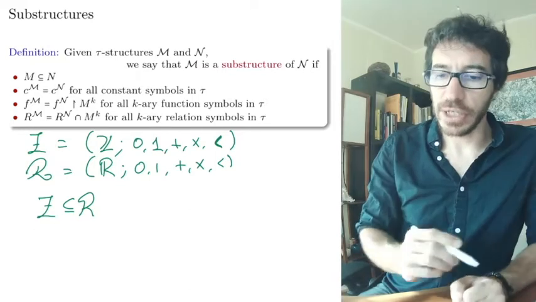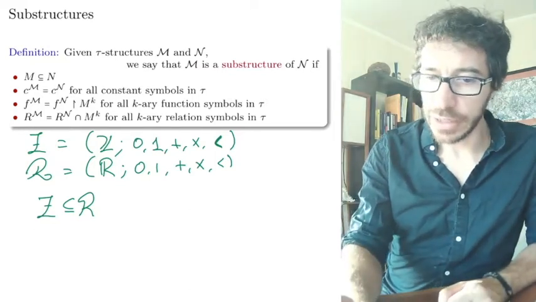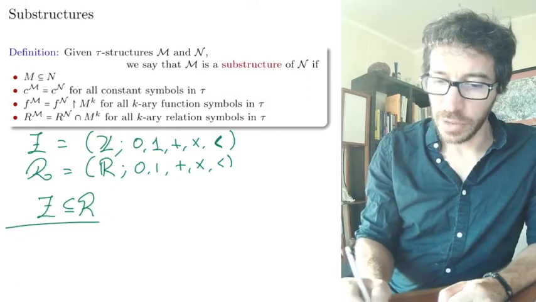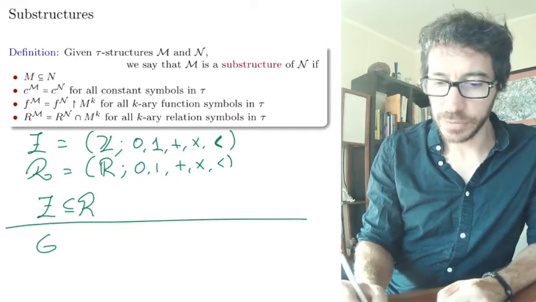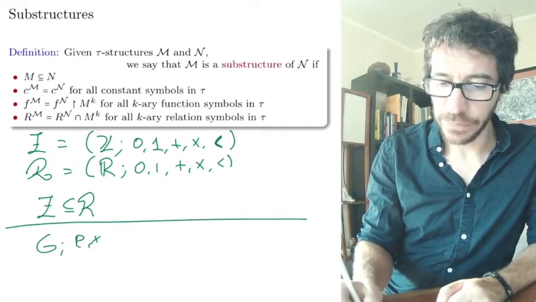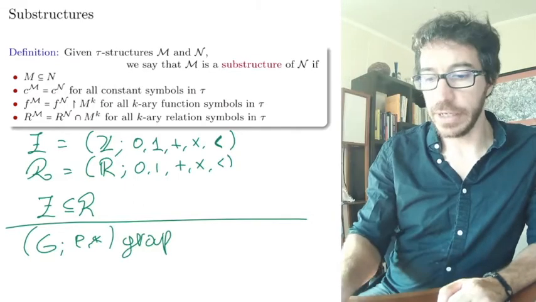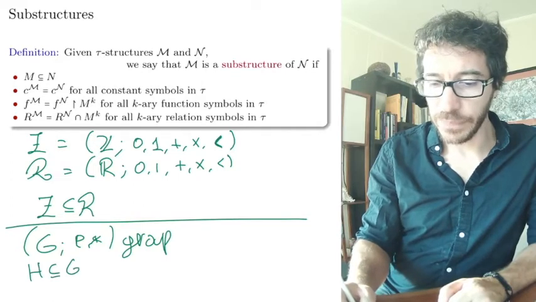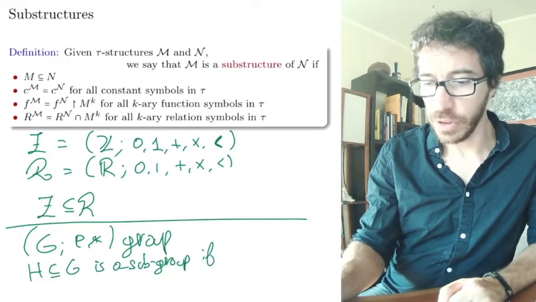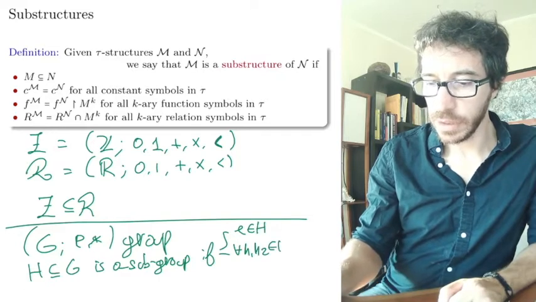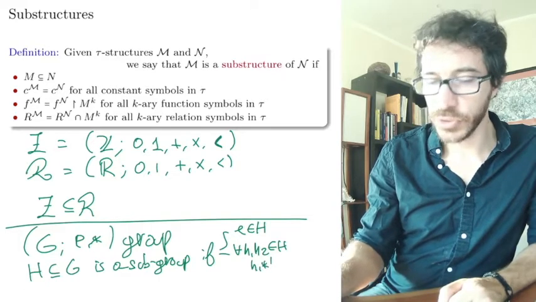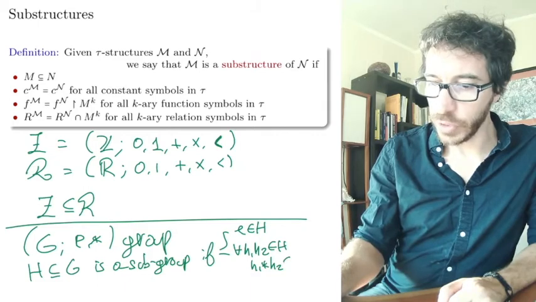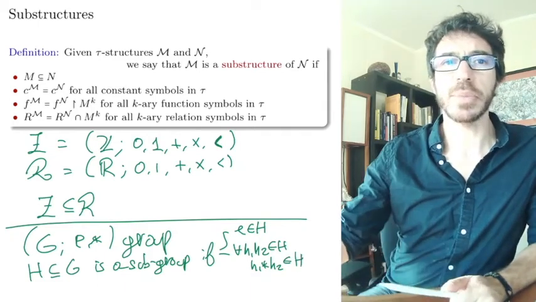So in general, if you guys remember, for instance, if you have a group, let's say G, E, star is a group, and then we define a subgroup. Usually you say H contained in G is a subgroup if two things: E belongs to H, the identity, and for all H1 and H2 in H, H1 star H2 belongs to H. That's the usual definition in algebra for subgroup, right?